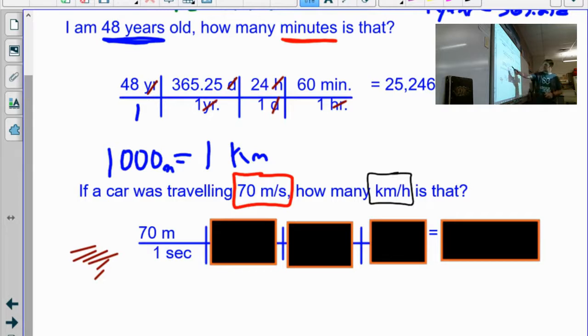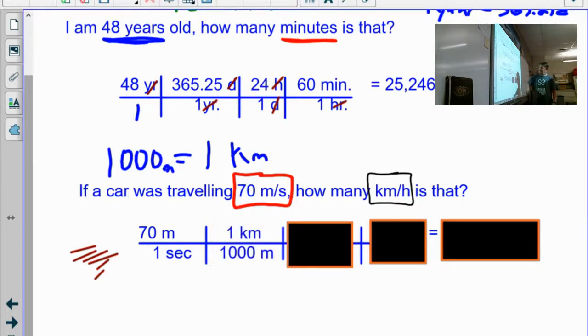So then I'm going to take this equivalency and I have to figure out how I'm going to write it to convert that meters there to kilometers. Well, if meters is on the top and I want to get rid of it, then meters has to go on the bottom. And then my kilometer goes on top. So if I plug that in, I'm going to see that 1 kilometer per 1,000 meters. So meters here, let's cancel those out. So now my answer will be in kilometers per second.